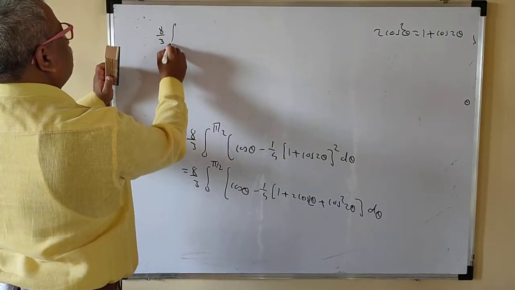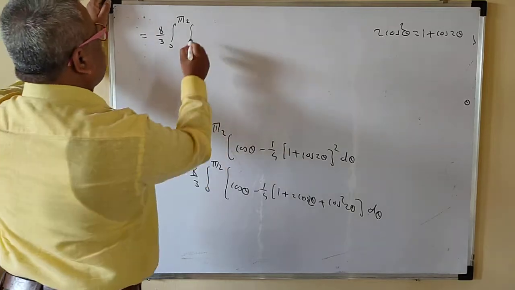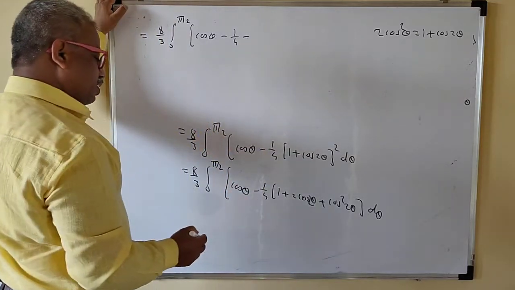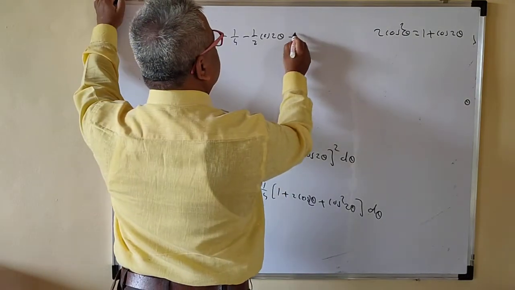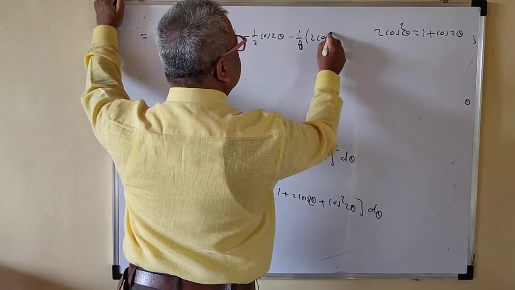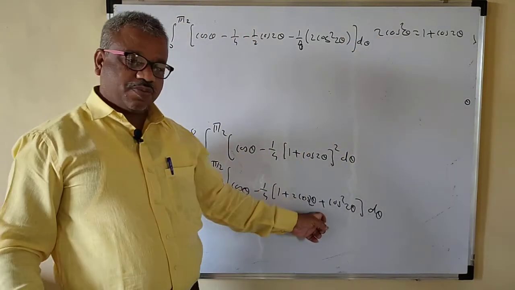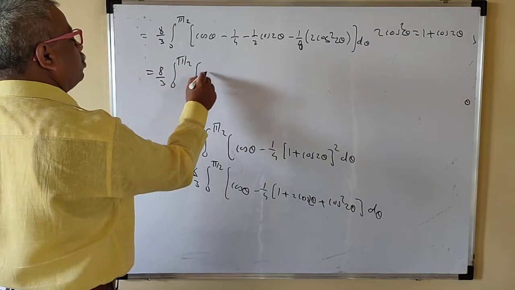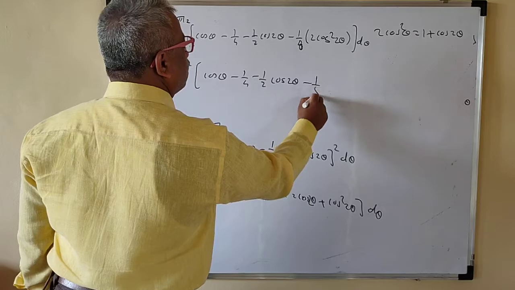So 8 by 3 integral of cos theta, I will separate this, minus 1 by 4, minus 1 half cos 2 theta, minus 1 by 4 times 1 by 2 cos square 2 theta d theta, which I can write as 1 by 8.